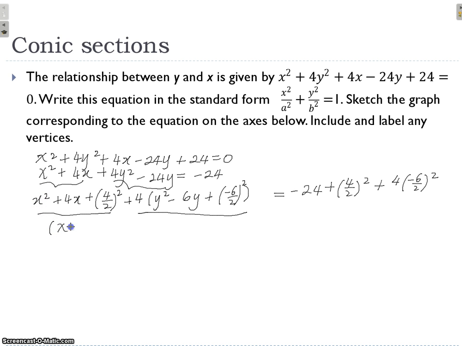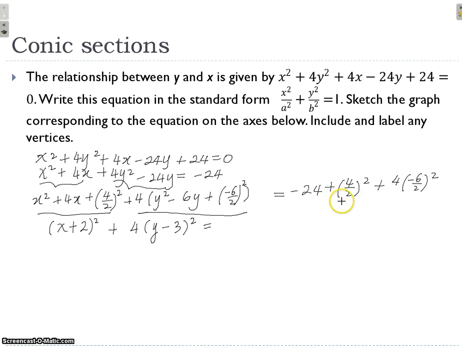So when we factorize, x plus 4 divided by 2 is 2, so we have x plus 2, squared, plus, we leave the 4 outside the bracket, y, negative 6 divided by 2 is negative 3, the whole thing squared, equals.